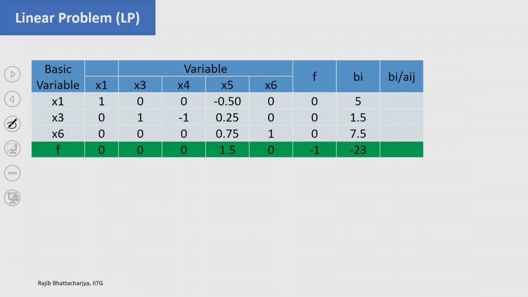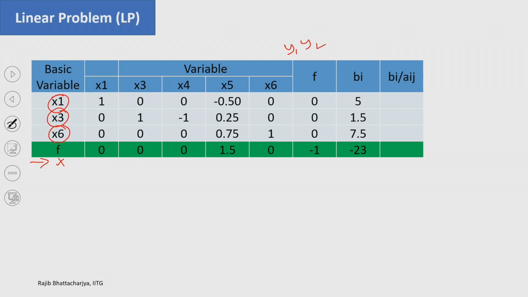If I do that, I am getting this particular table here. Here now x 1 is a basic variable, x 3 is a basic variable, x 6 is a basic variable, and whatever w row was there, that we have eliminated, and we have also eliminated the row having y 1 and y 2.